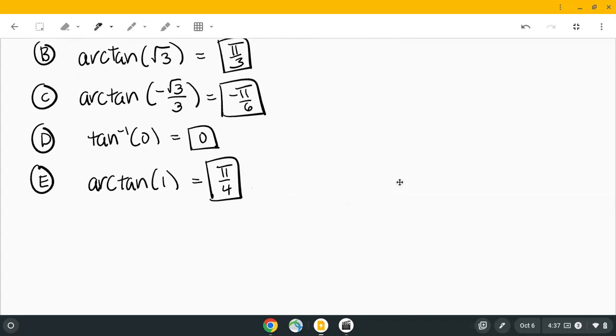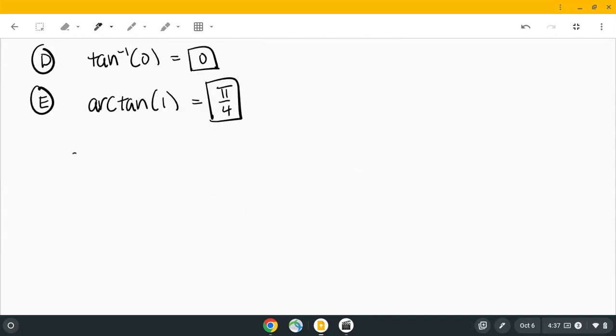Let's take a look at using the calculator. Make sure you can find your inverse trig function buttons. And this is pretty straightforward because the calculator already has those restrictions built in. So you just have to plug it into your calculator. Evaluate to the nearest tenth of a degree.